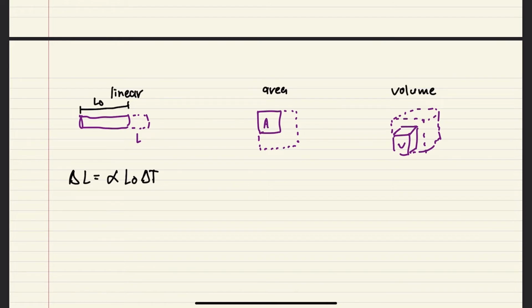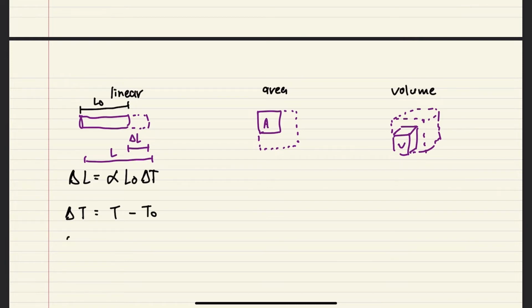Let's say initially it is 40, final is 60, so 60 minus 40. And delta L is the difference between final and initial. The final length we call L, so delta L is basically the difference of L and L0.